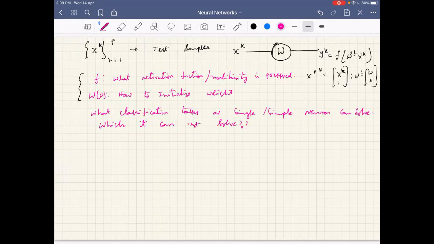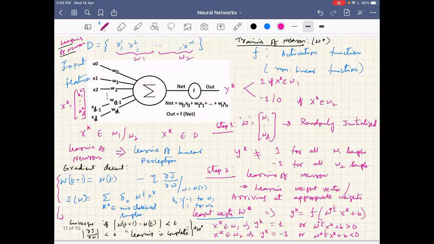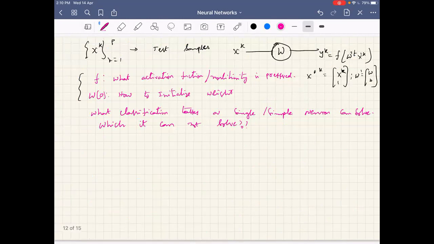Anyway, since we have come up with one learning rule, let us stick to that for the time being. We will see if there are any limitations even with this learning rule, and see how to improve it later. Now, given this, let us start with the last question. What kind of classification problems can a single neuron solve? Assume that I have some samples.